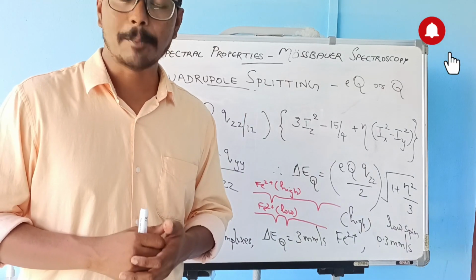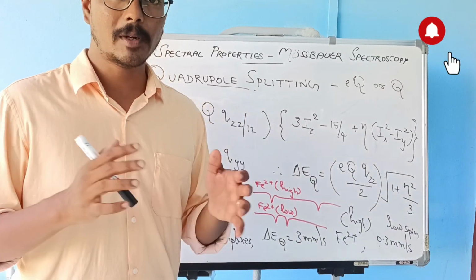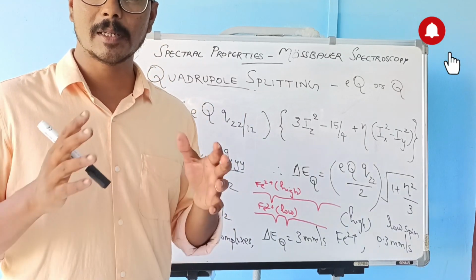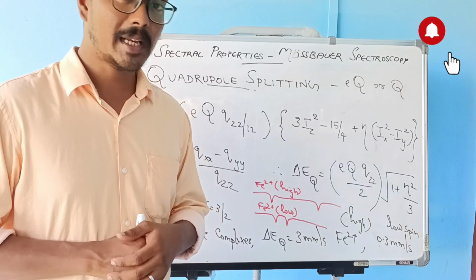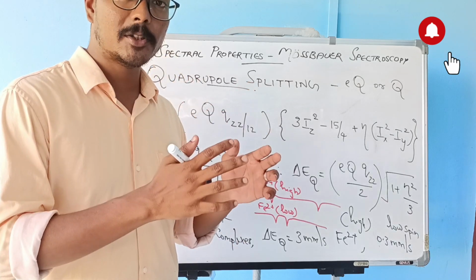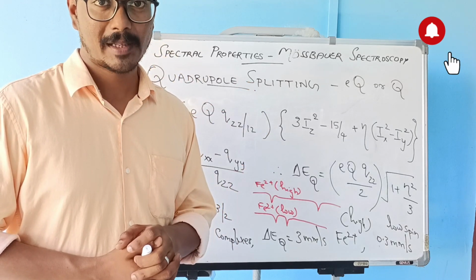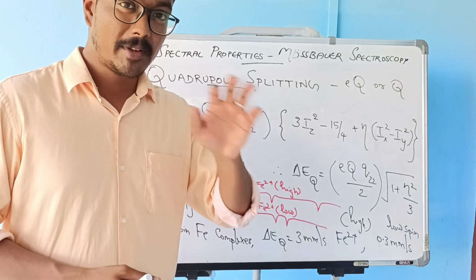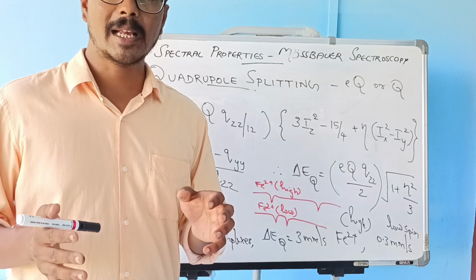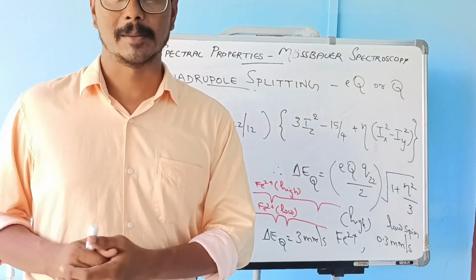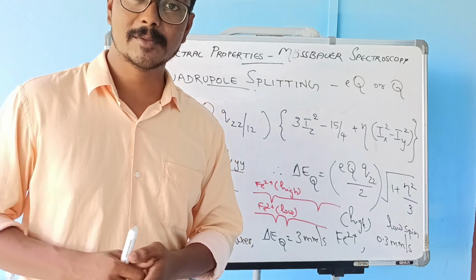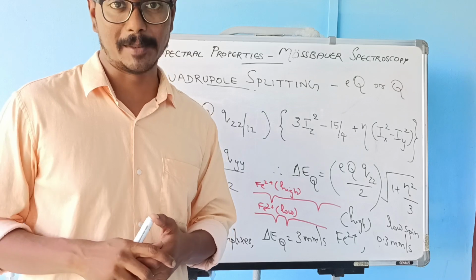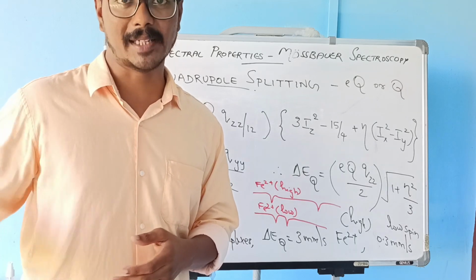Now we will discuss the mathematical expression of quadrupole splitting to find the quadrupole splitting energy. For that, we have to apply the postulates of quantum mechanics. According to quantum mechanics, every physically observable property can be expressed in terms of an operator, which changes with respect to multiple variables in the x, y, and z directions.